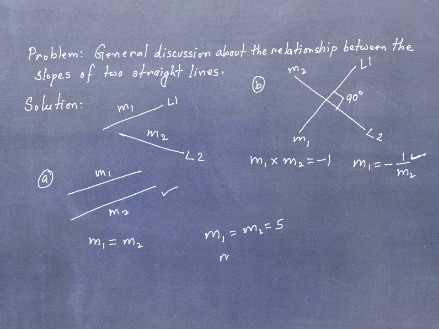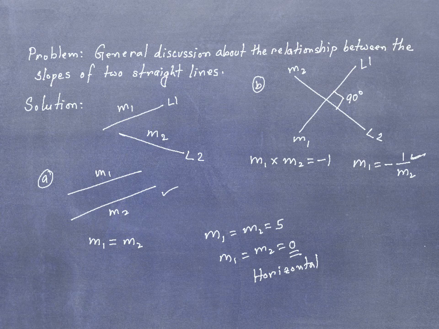Or if I say M1 is equal to M2 is equal to 0, these two straight lines are parallel to each other. But remember, when the slope is 0, the lines are horizontal. So not only are these two straight lines parallel to each other, they are also horizontal.